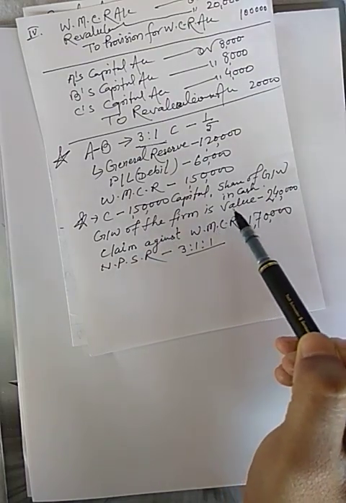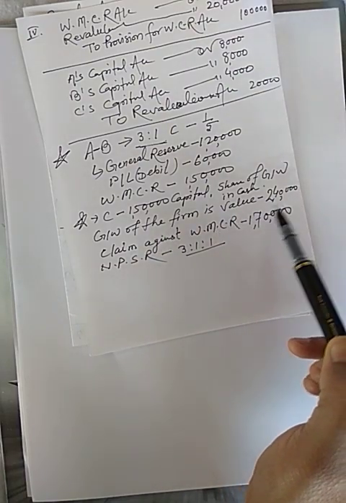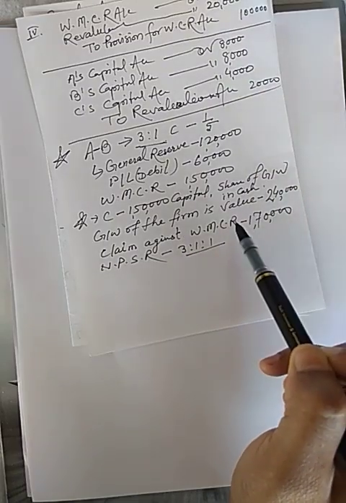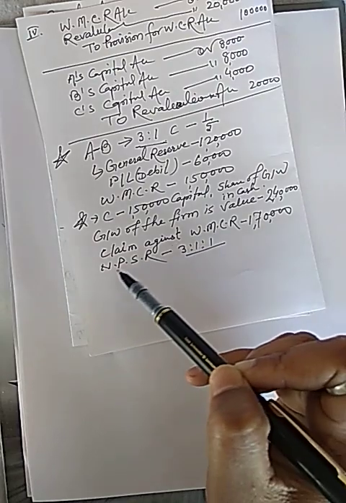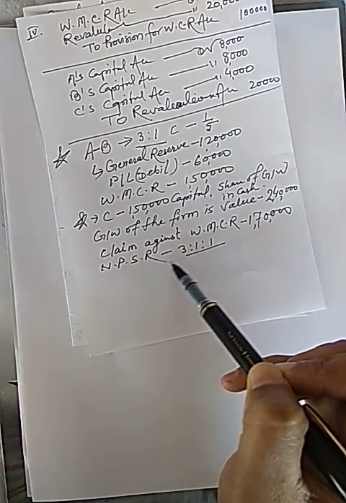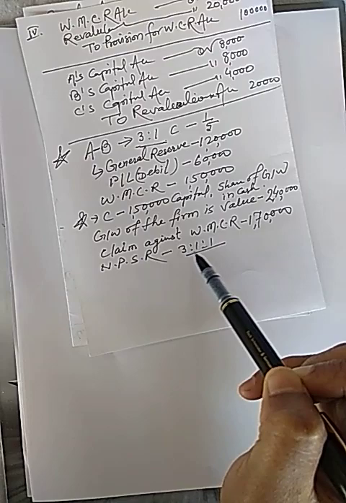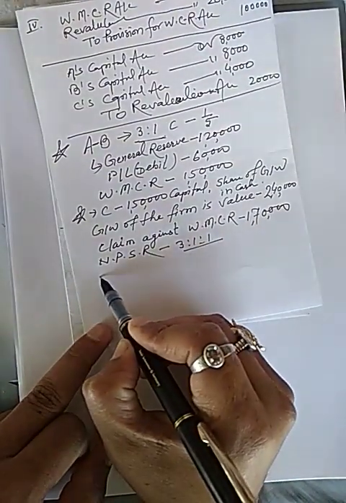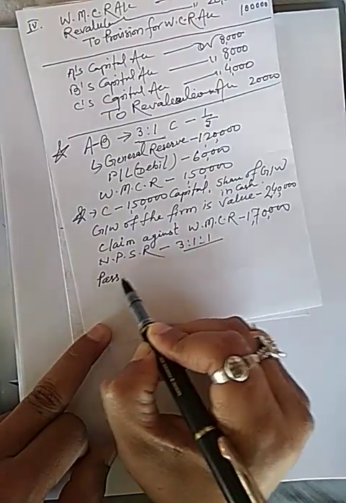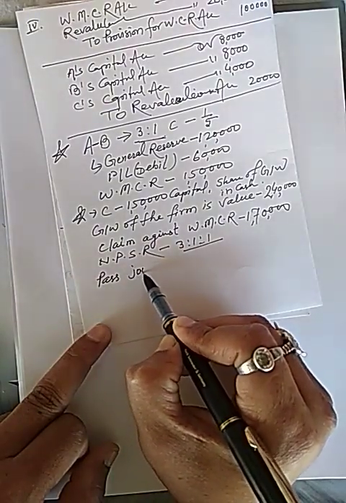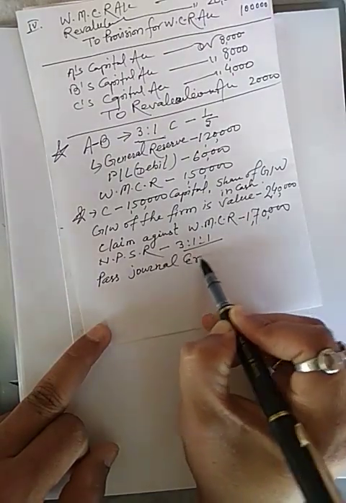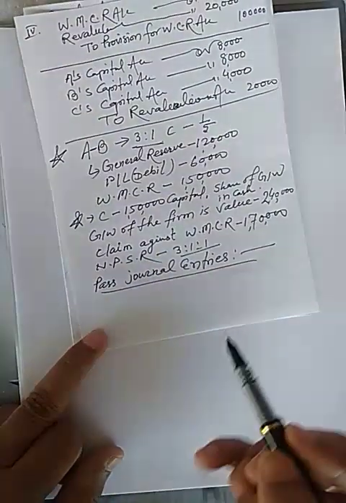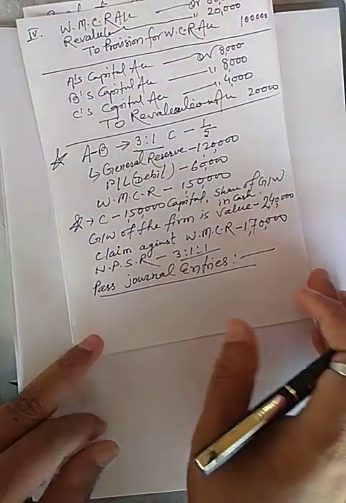Goodwill of the firm is valued at 2,40,000. Claim against workman compensation reserve is given 1,70,000 and the new profit sharing ratio of partners is 3:1:1. Pass journal entries. This is the question.